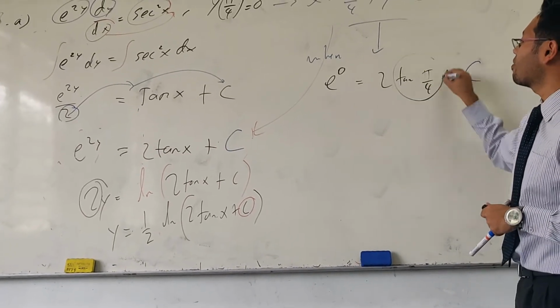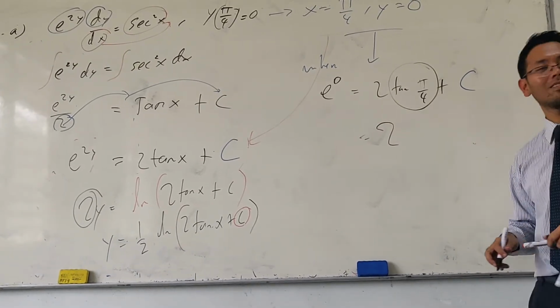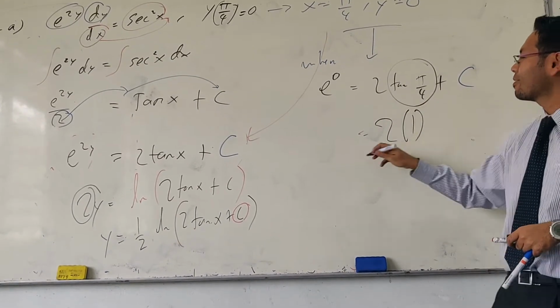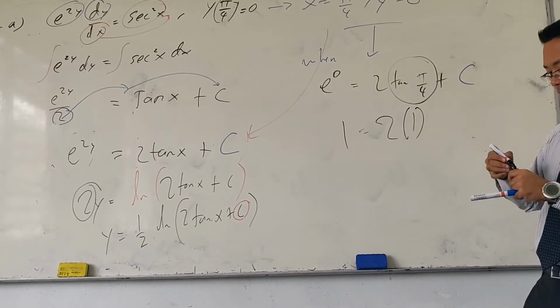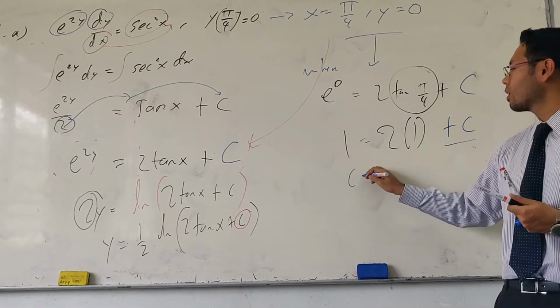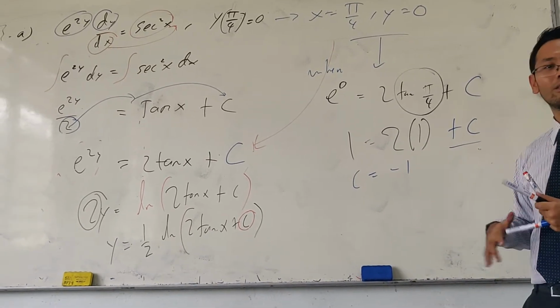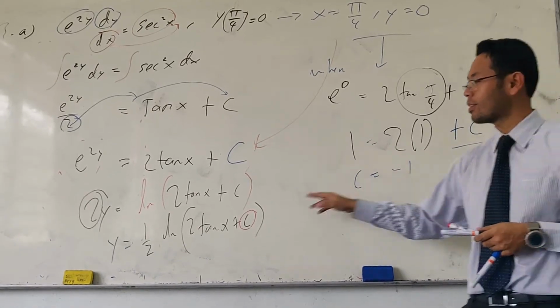The tangent of pi over 4, you know it by now, is 1. So 1 plus c, so c is negative 1. So this is far easier than if you transfer into here.